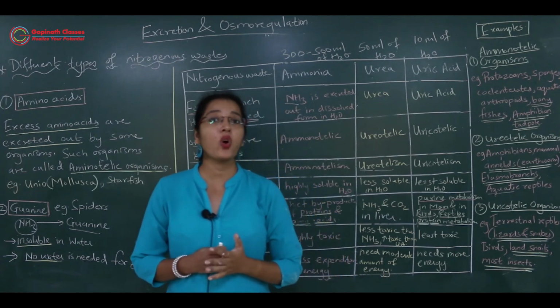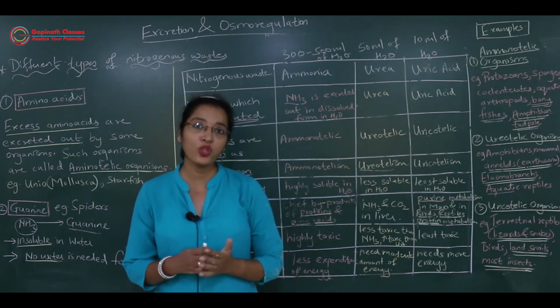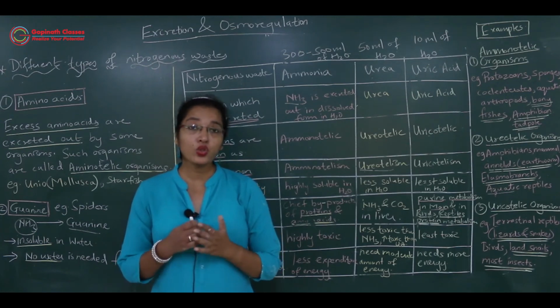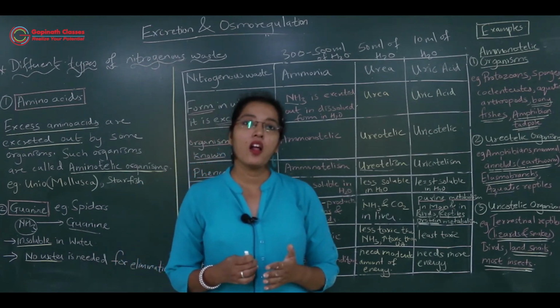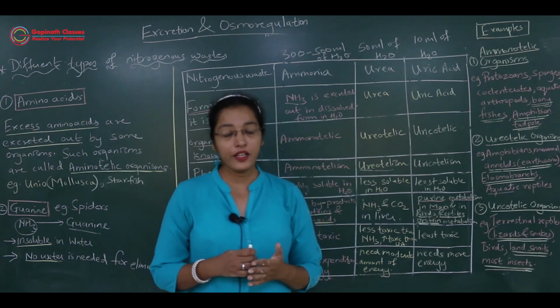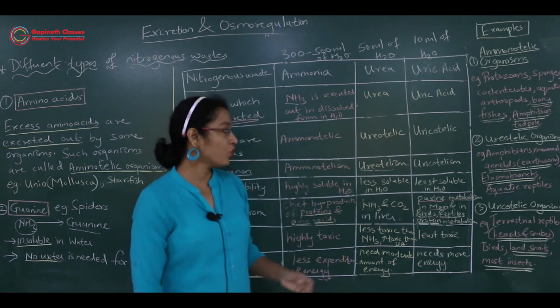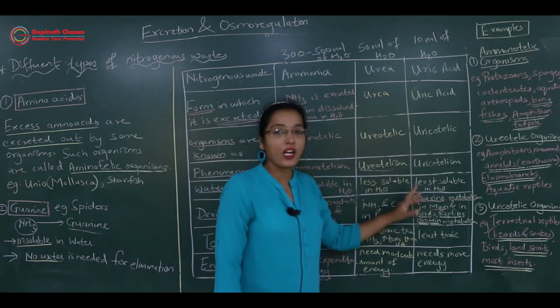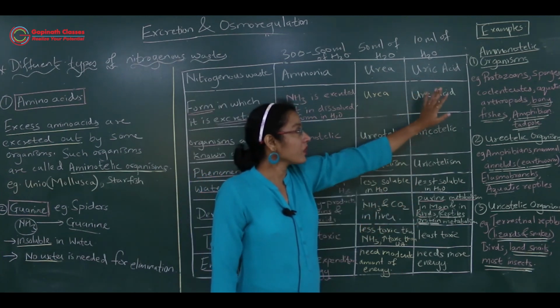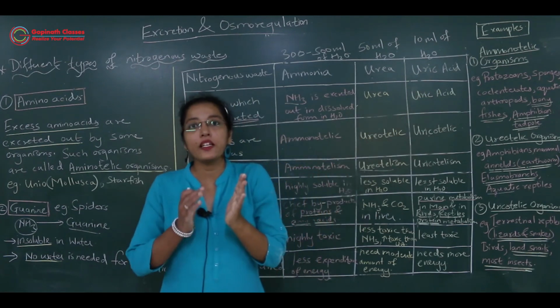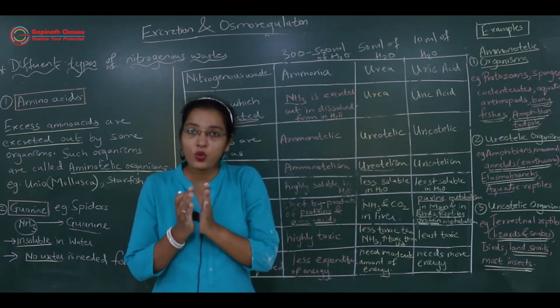So which organisms will excrete uric acid? Those organisms which are found in areas where there is scarcity of water. Where there is scarcity of water, these organisms need to conserve water.